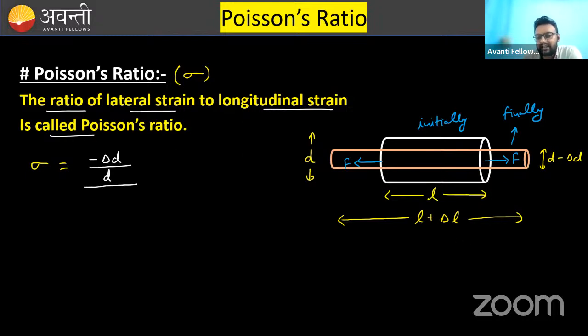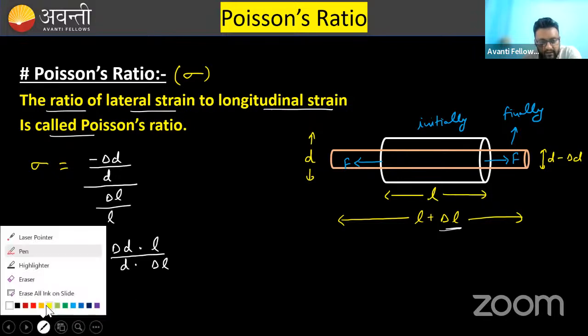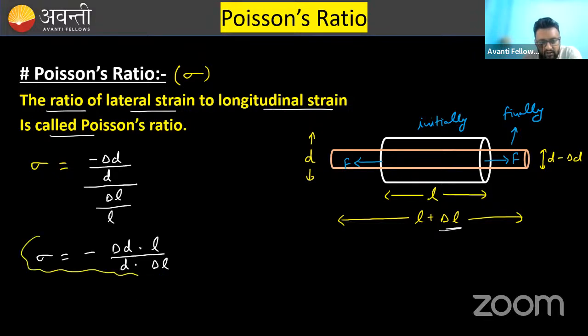Longitudinal strain was change in length, delta L, divided by original length L. So you can say sigma is negative of delta D into L divided by D into delta L. I have done nothing in this, just going with the definition and creating a formula for you.